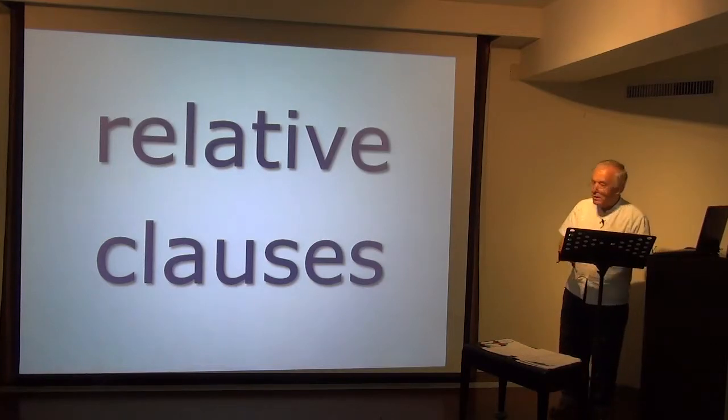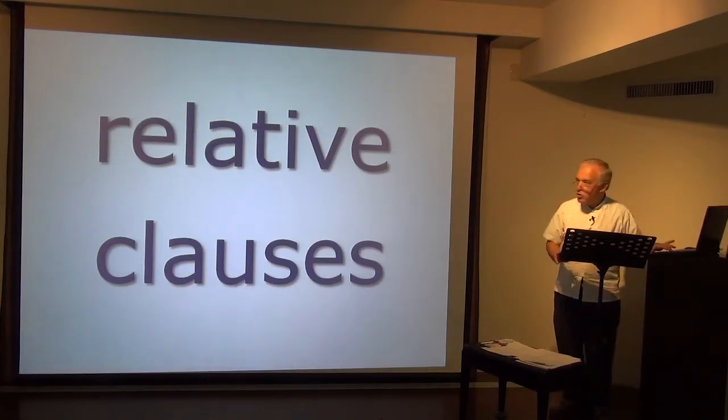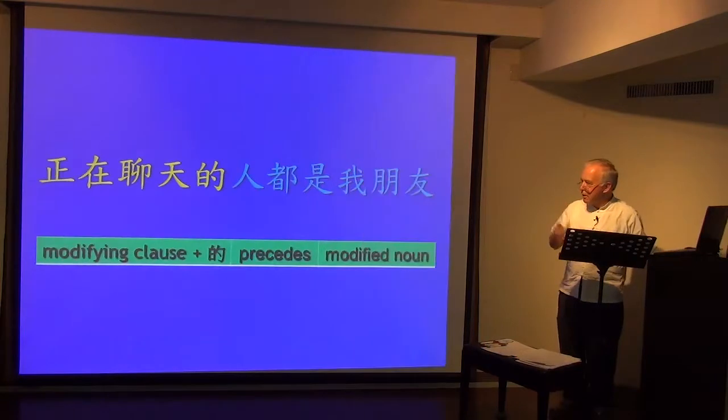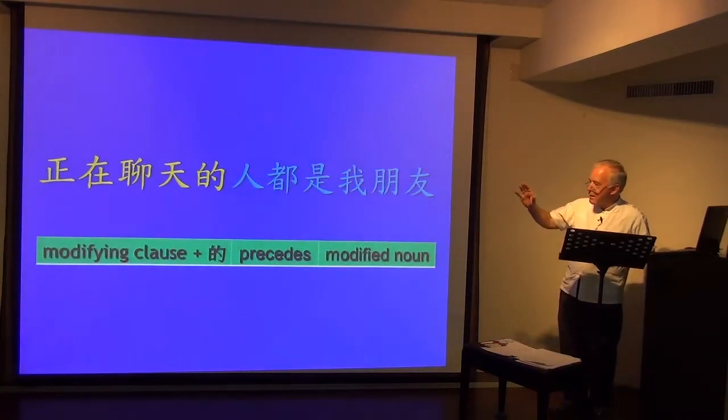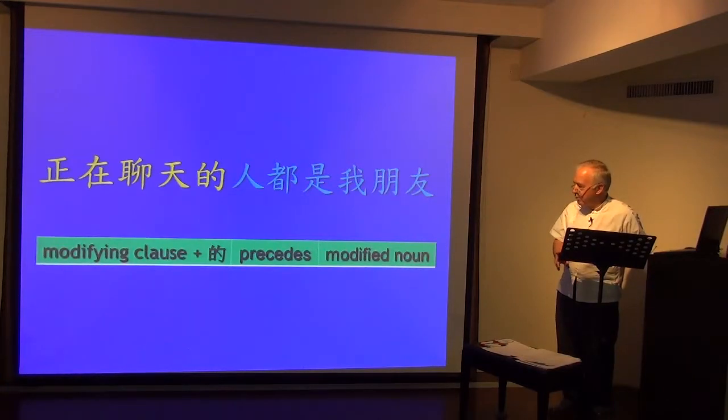Relative clauses are often a problem for students because they're different from the English. Let's take this sentence. 正在聊天的人都是我朋友. Note in Chinese, the principle we've already talked about before, the modifying clause or noun precedes the modified. Always modifying precedes modified.